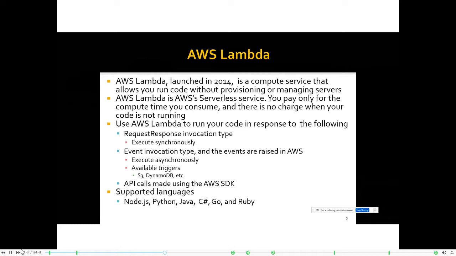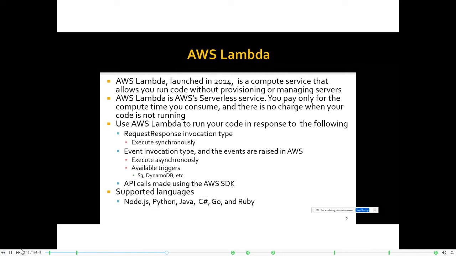There are many available triggers. Many AWS services raise events, and these events can be used to trigger your Lambda function. The third is API calls made using the AWS SDK, which we're already quite familiar with.